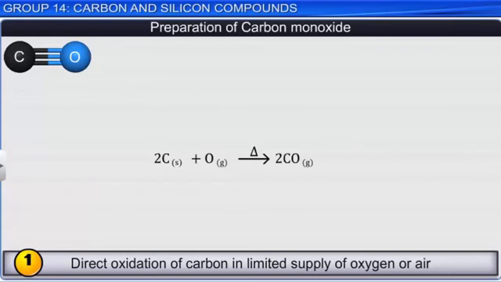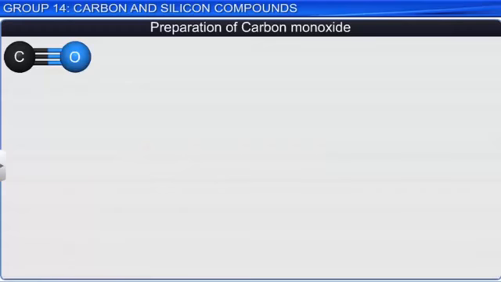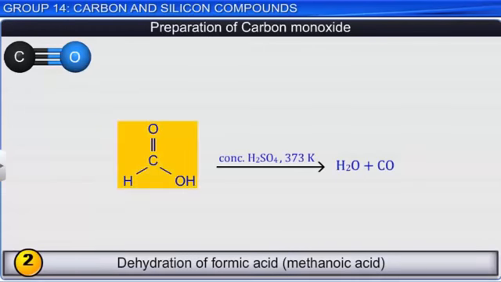The reaction shown here is an example of incomplete combustion. Another way to prepare carbon monoxide is the dehydration of formic acid, also known as methanoic acid, with concentrated sulfuric acid at 373 Kelvin.